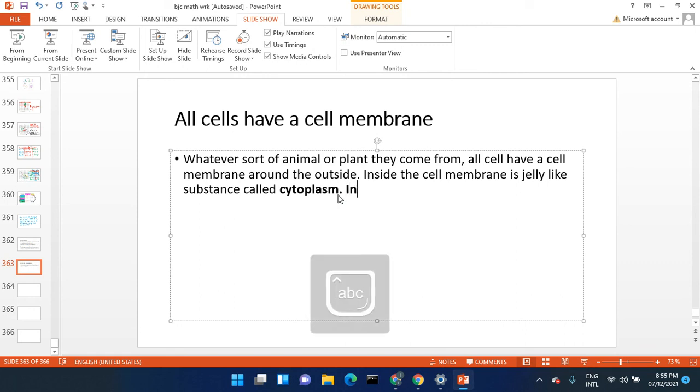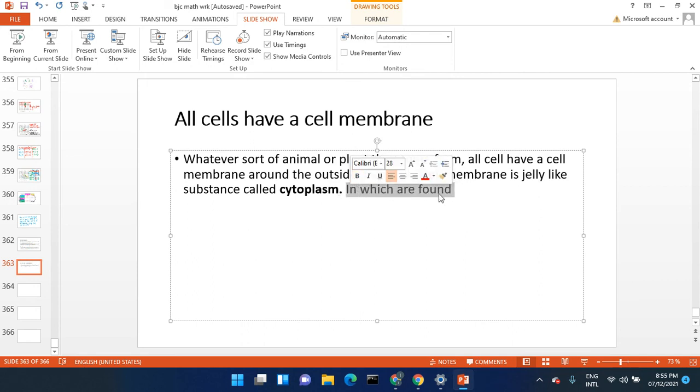in which are found, inside the cytoplasm, many small structures. What do we call the small structures inside a cell? You all should know this. Organelles. Yeah, organelles.